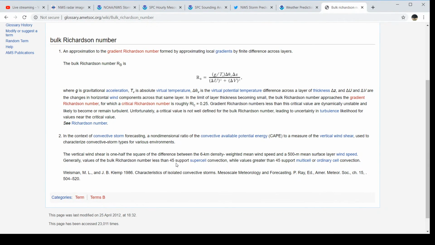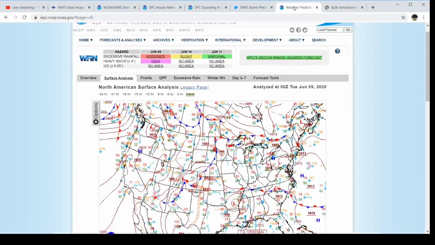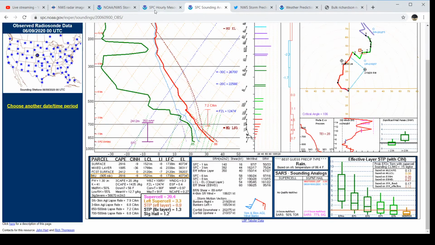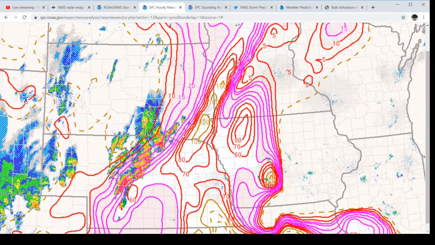Bulk Richardson numbers less than 45 support supercell convection, while values greater than 45 support multicell or ordinary convection. So this makes sense. Where less than 45, we're at 20, so supercell convection. That's pretty much what's happening here. So about 20 through here.